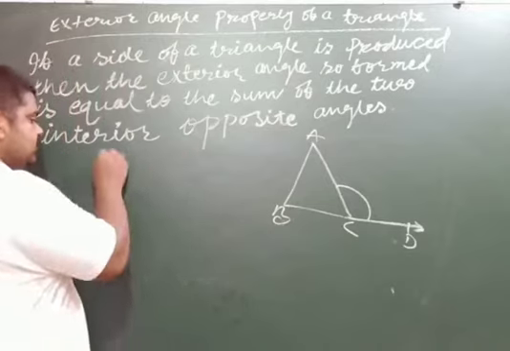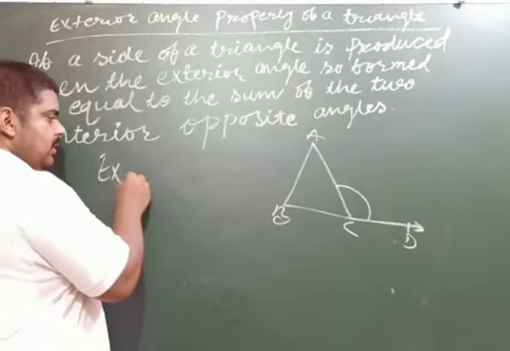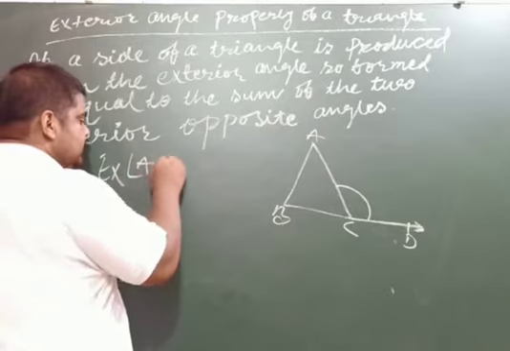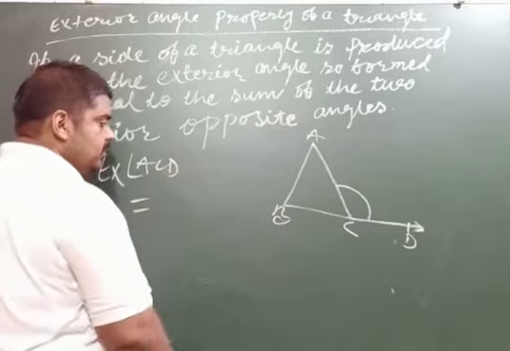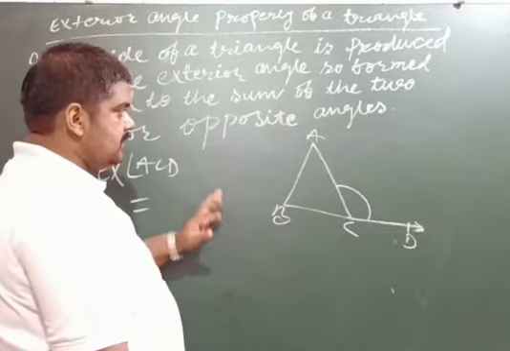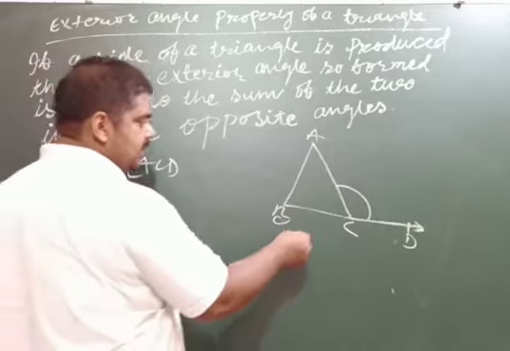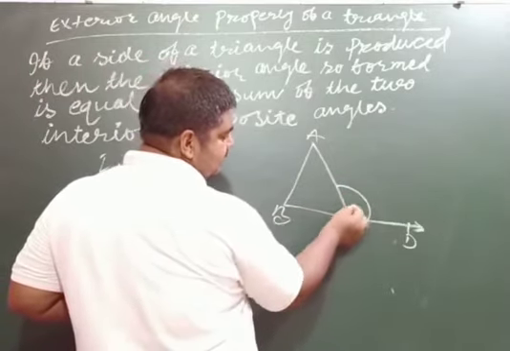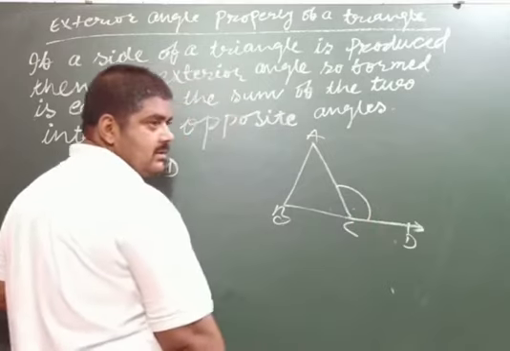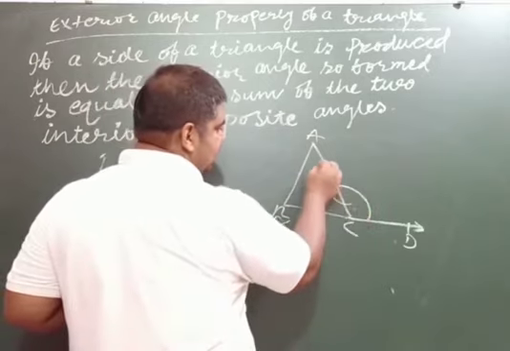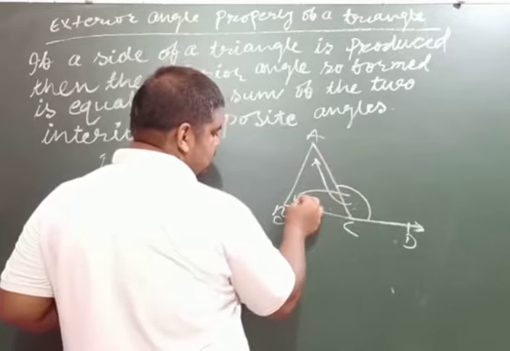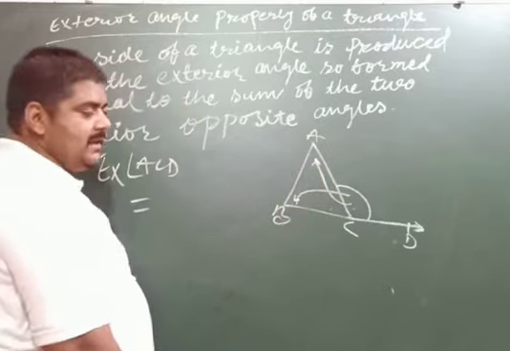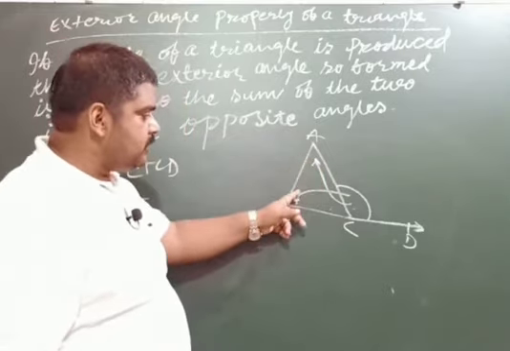And according to this theorem or property, exterior angle ACD is equal to the sum of the opposite interior angles, or interior opposite angles. This is called the adjacent angle, and the opposite angles of this angle are these two, both present in the interior, and this is why they are known as interior opposite angles.